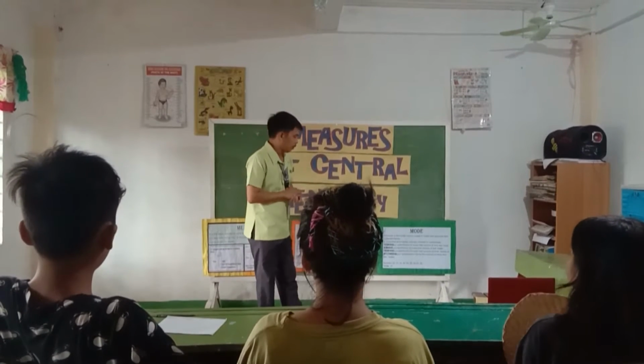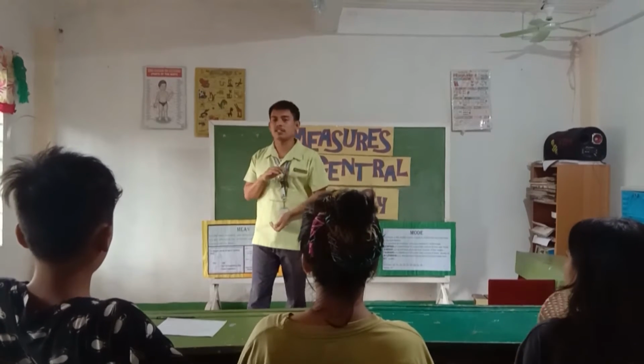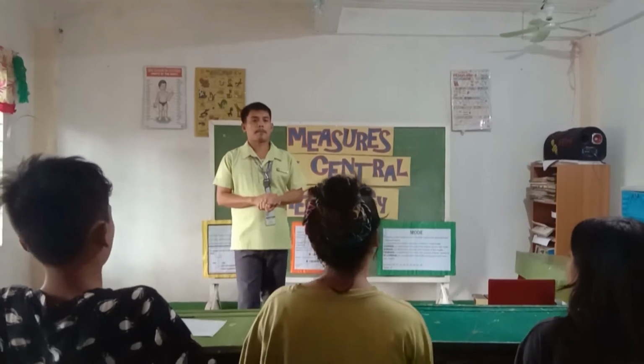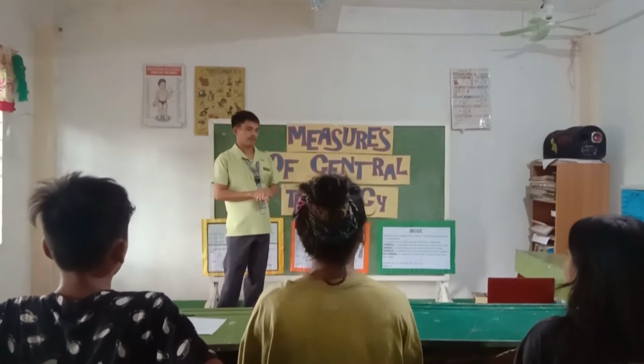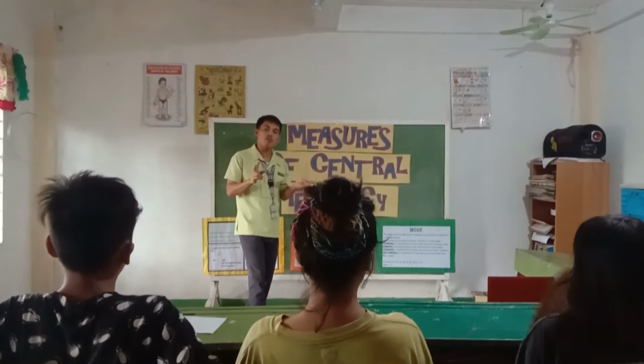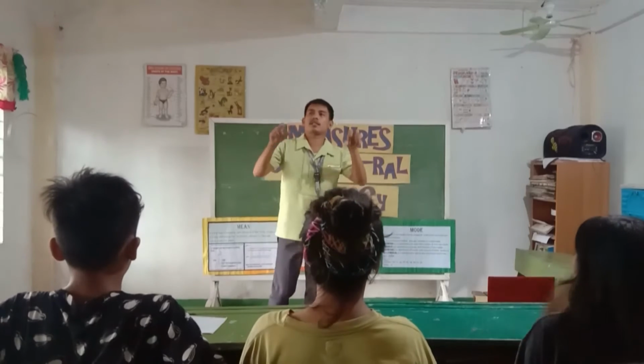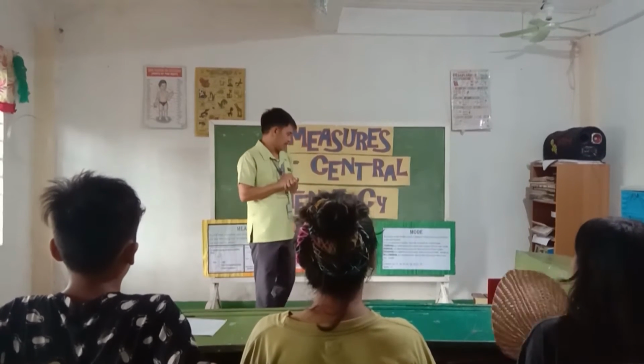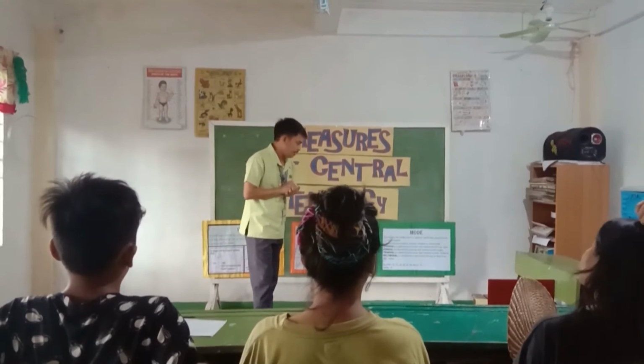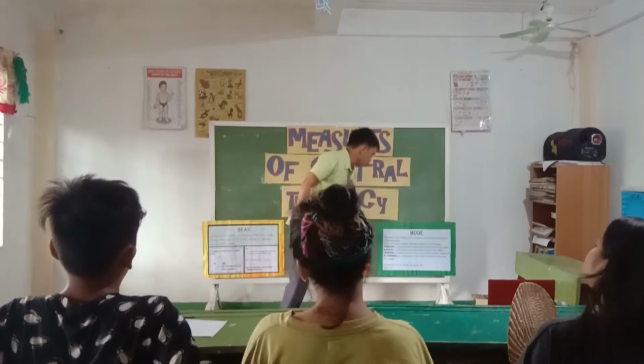How about bimodal? Please read, Jamaica G. A distribution of scores that consists of two modes. Okay, if there are two modes, two numbers that occurred most frequently, we call it bimodal.